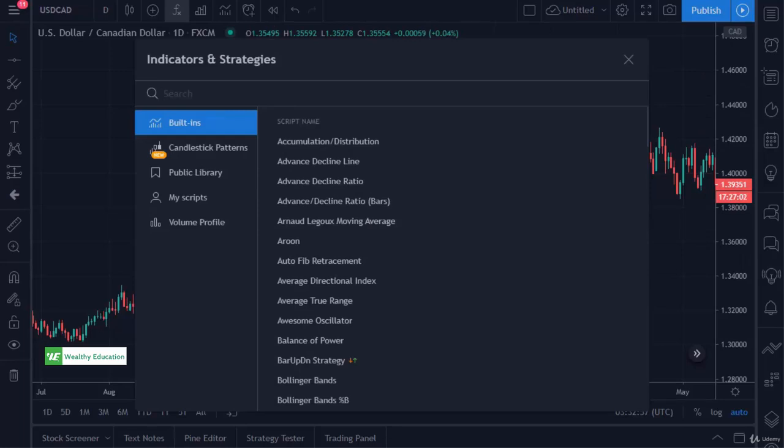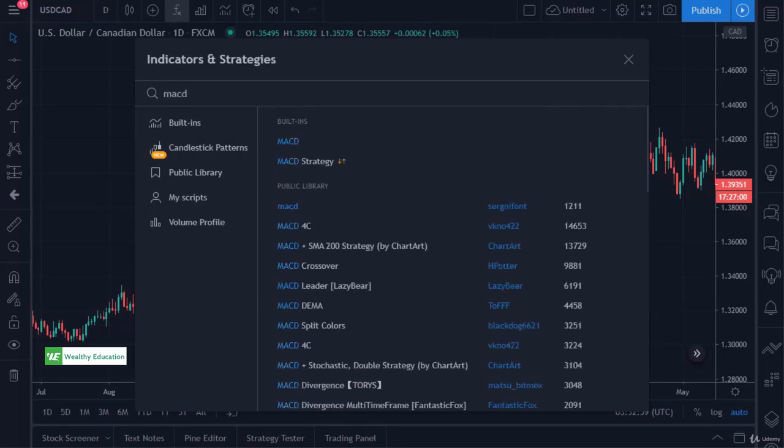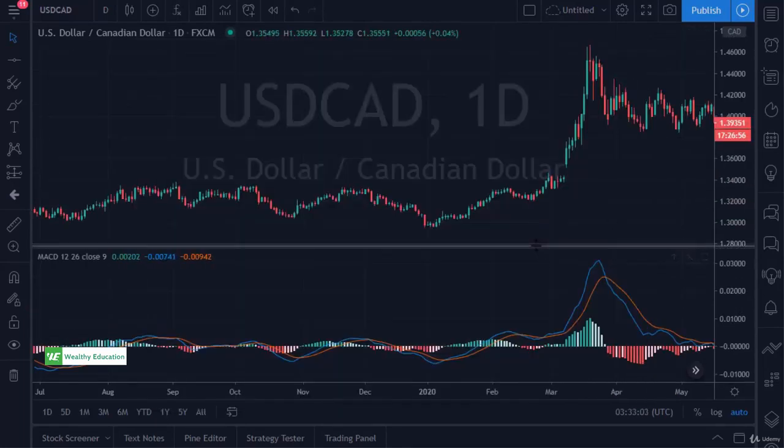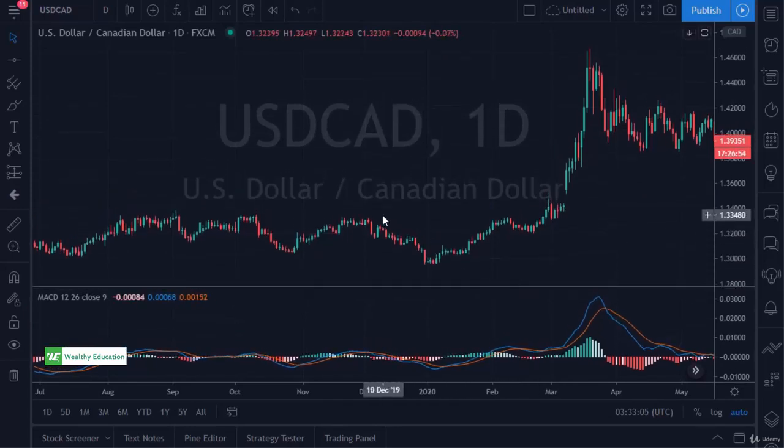So, for example, let's go back to the MACD. So, in this scenario, as you are forming the cup, you can see that we crossed. And then shortly before breaking out of the handle, we crossed the signal line.